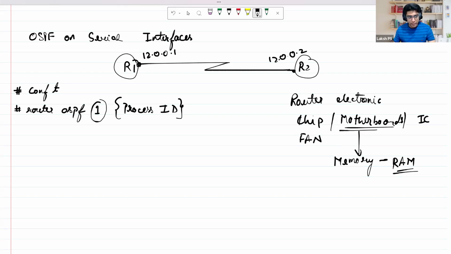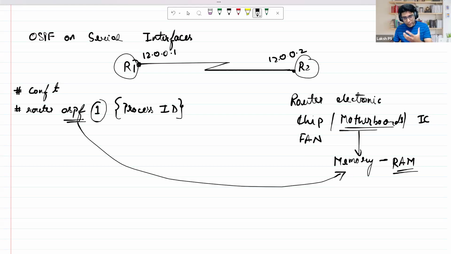Now, when I enable OSPF on the router, I am telling the router that I am enabling OSPF inside you. Now it is your job to create a memory or space for OSPF inside your chip.